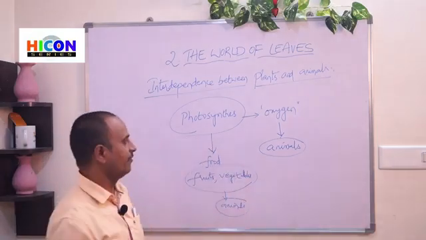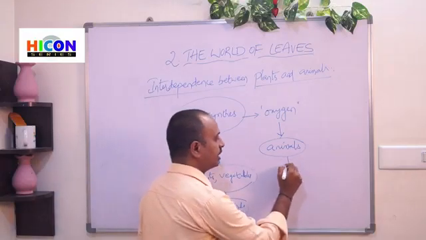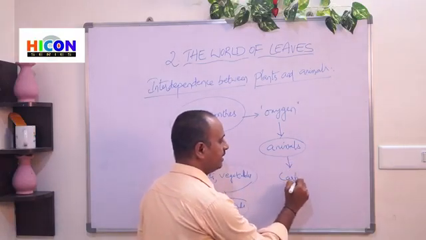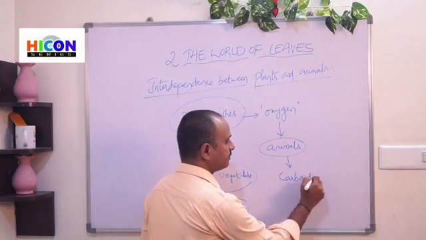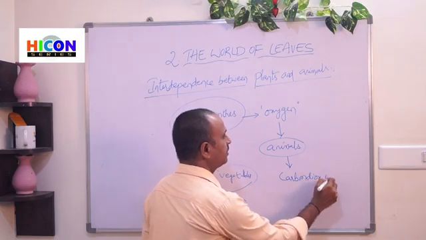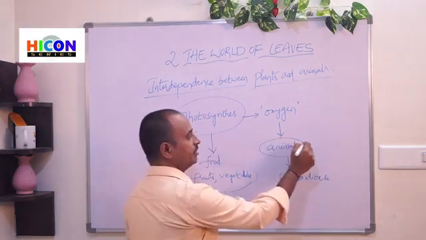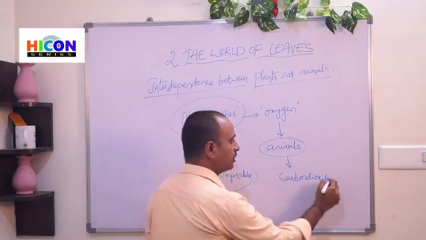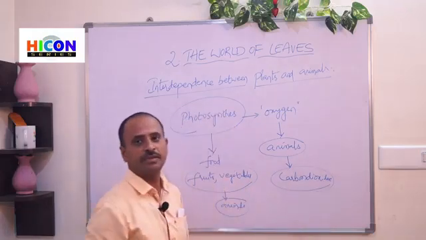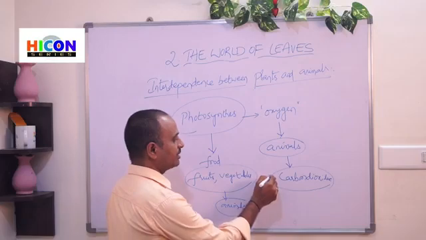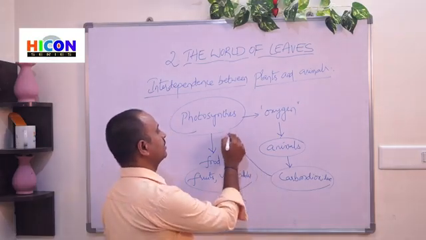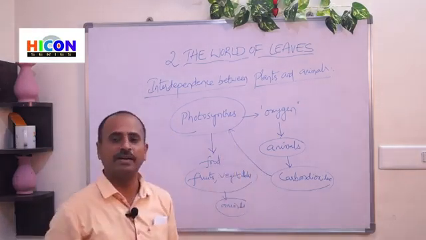And in the same way, animals give off carbon dioxide into the atmosphere. That means the animals breathe in oxygen and breathe out carbon dioxide. This carbon dioxide is utilized in photosynthesis by the plants.